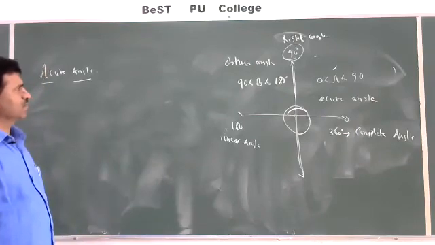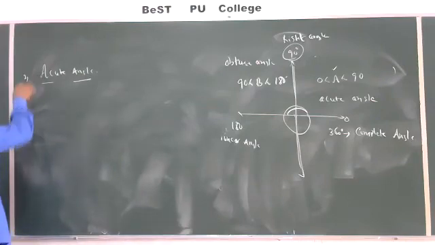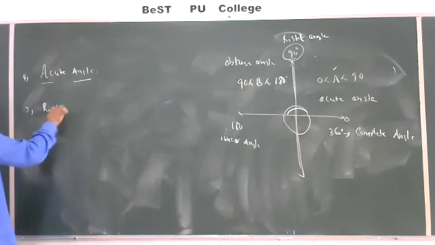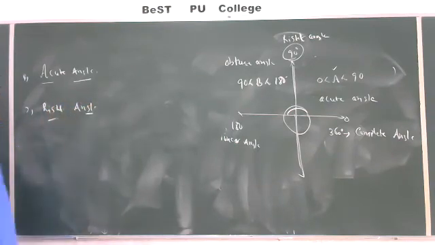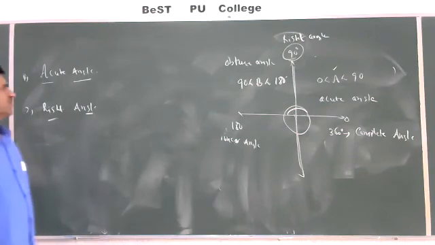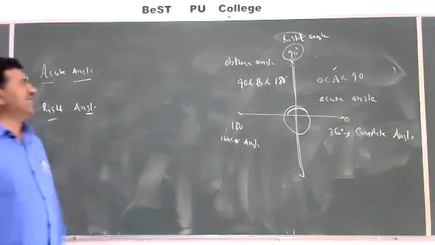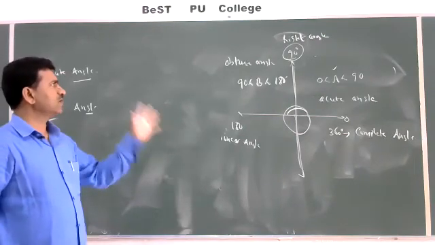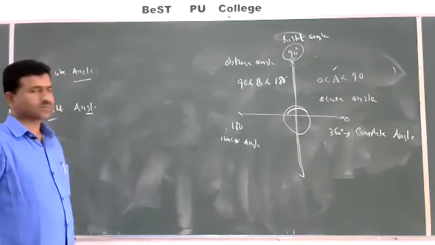Second point, right angle. The measurement of the angle is 90 degrees, is called a right angle.